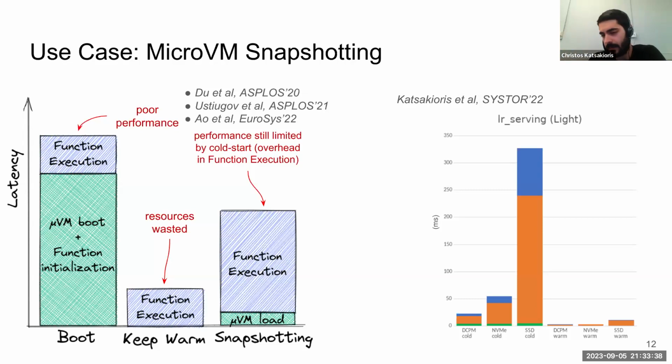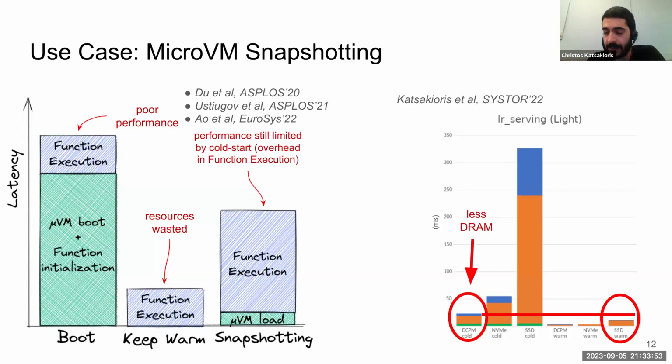So we identified several characteristics, like how in some cases certain fast storage devices can practically eliminate cold starts, or how directly accessed devices like persistent memory help preserve the precious and expensive DRAM resources.